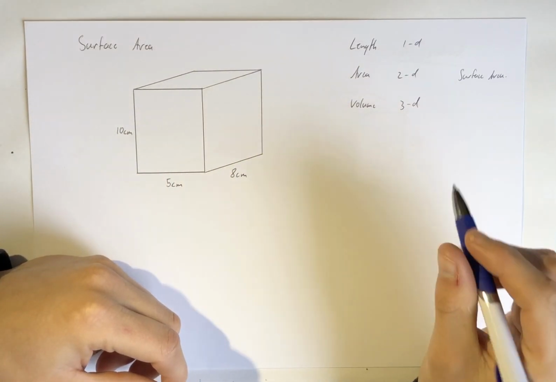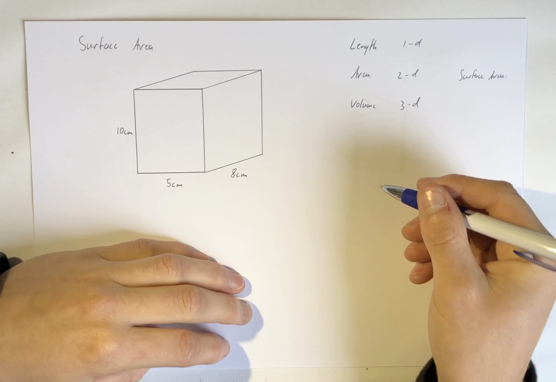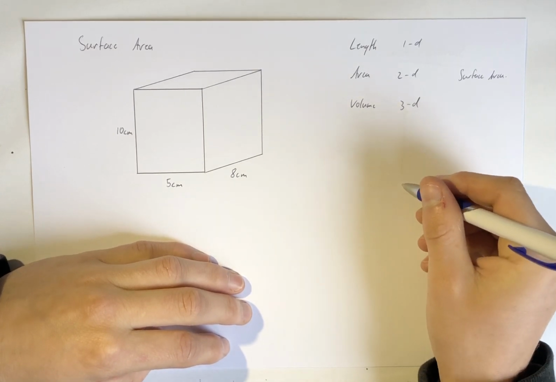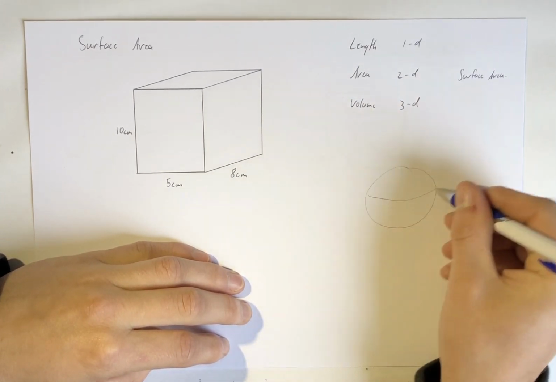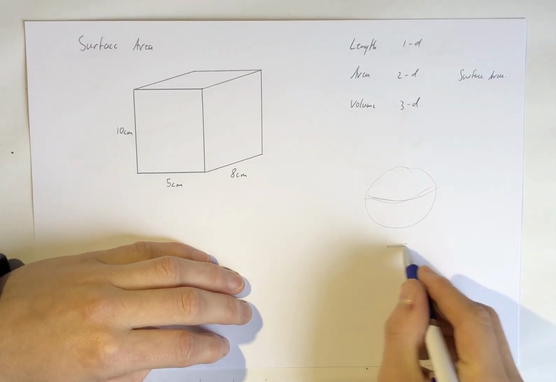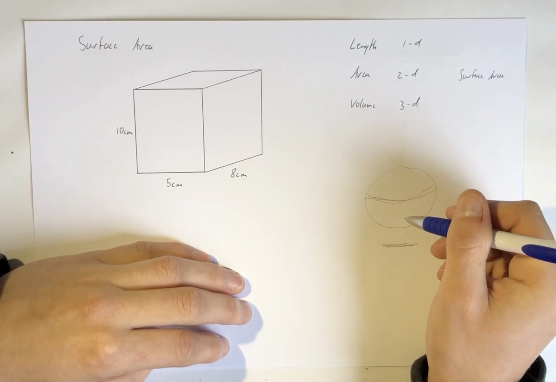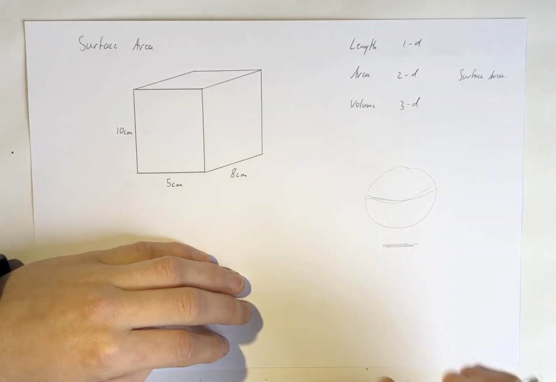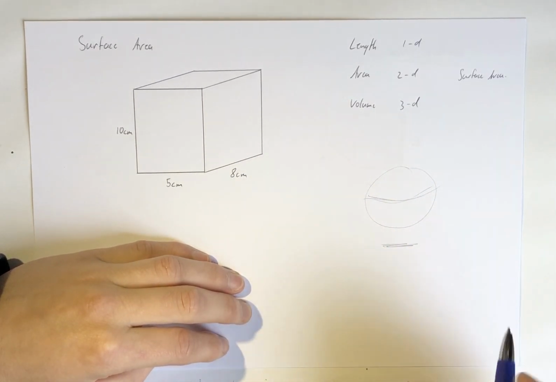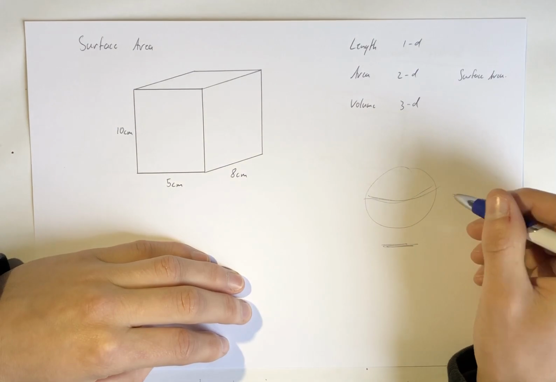The best object for surface area to volume is a sphere. Okay, so a sphere is the least amount of surface area, but has the best volume. But what the sphere lacks is stackability.